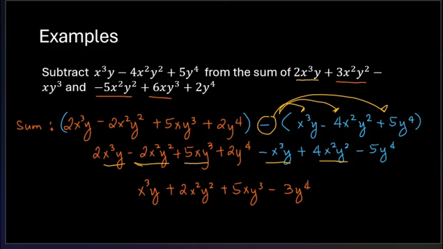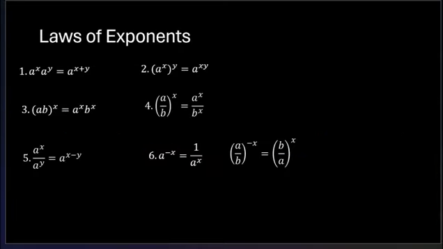Now, next one will be multiplication. But before we go to multiplication of polynomials, let's first review some laws of exponents. If you have a raised to x, we call a the base, and x here is the exponent.